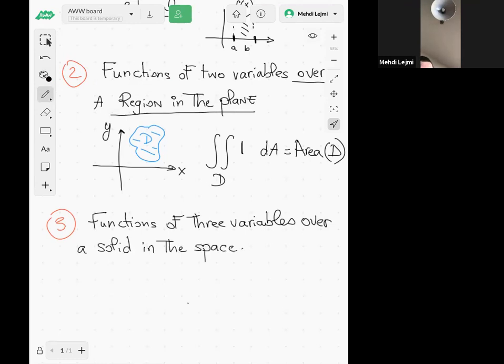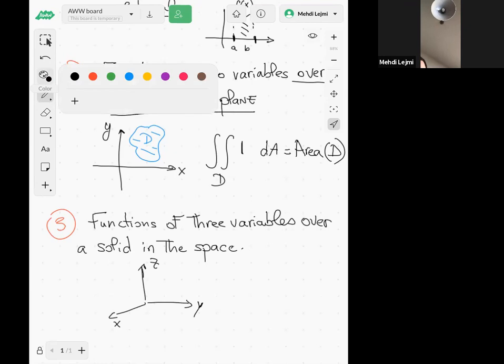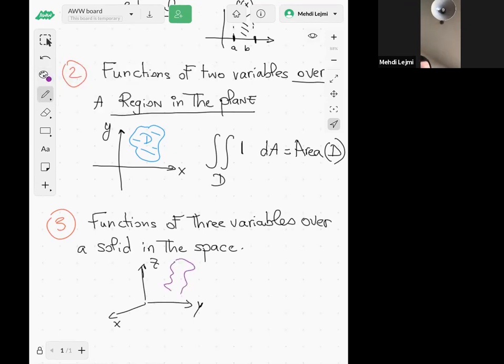So you have three variables, x, y, z. This is y, this is x, this is z. You have some solid in the space, wherever. So this is my solid S. And so if you take the triple integral of the constant function 1 over S, right? That will be equal to the volume of S, right?